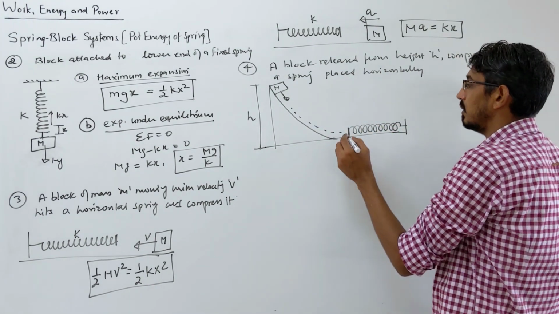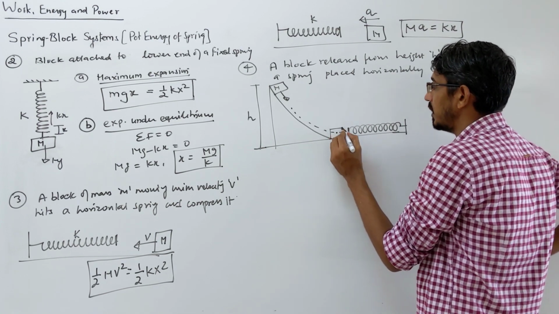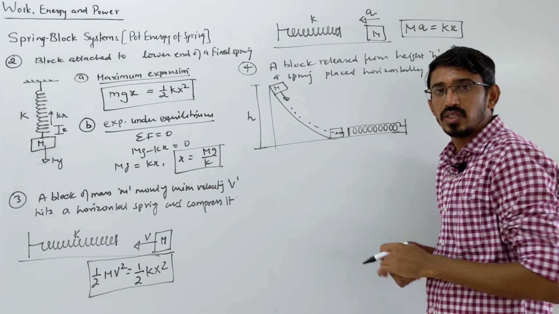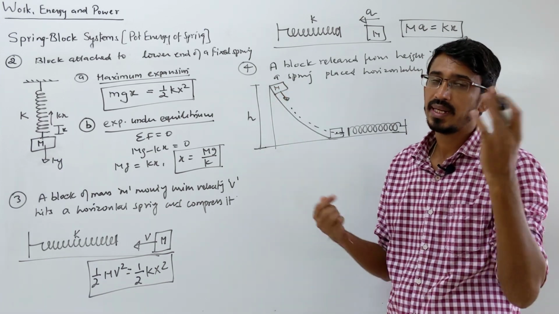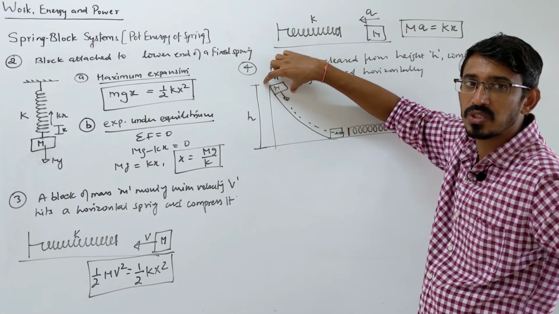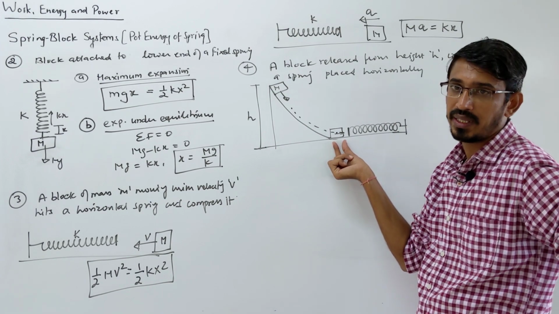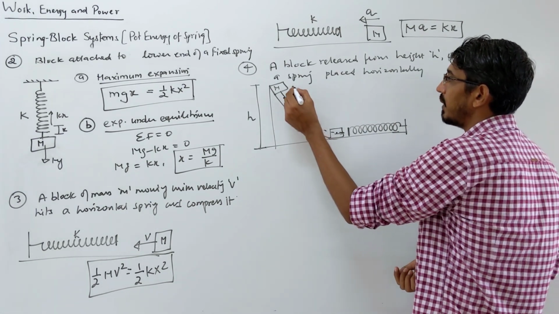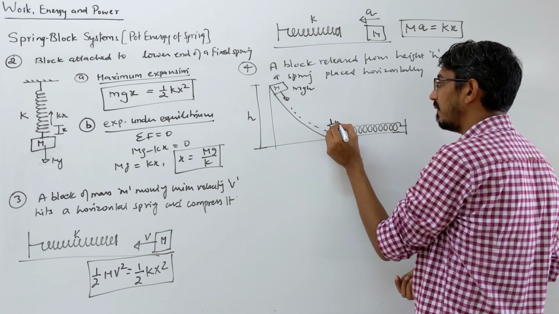We know that just before hitting the spring, the block has kinetic energy. We don't know the kinetic energy, but at the top point we have potential energy. Mechanical energy is always constant. At the top point kinetic is 0 and only potential is there, so mechanical equals potential. At the bottom point potential is 0 and only kinetic, half mv square.